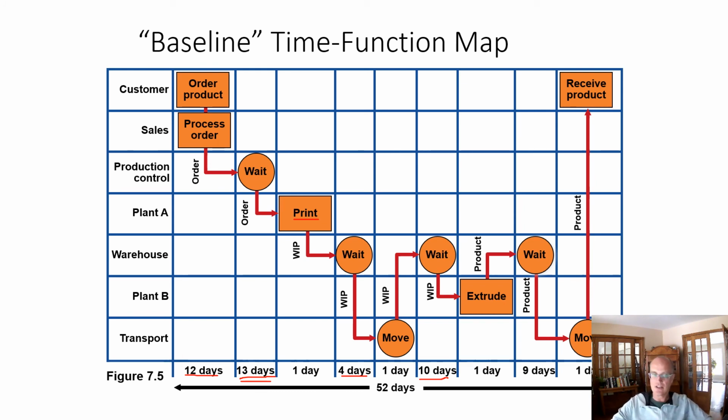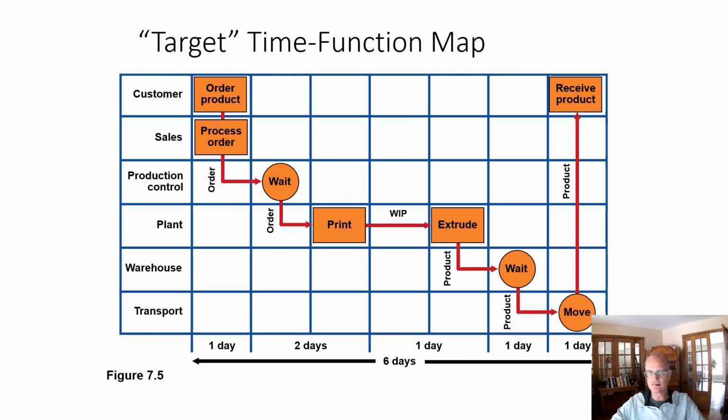And so this time function map shows you not only the flows here, which are interesting, but how long those take, so you can do a real sort of analysis on the efficiency and where you might save some time. So if I can say, well, I'd like to limit the storage, I'd like to limit the delays between when I get an order and when I print it, and between when it's printed and when it's extruded.